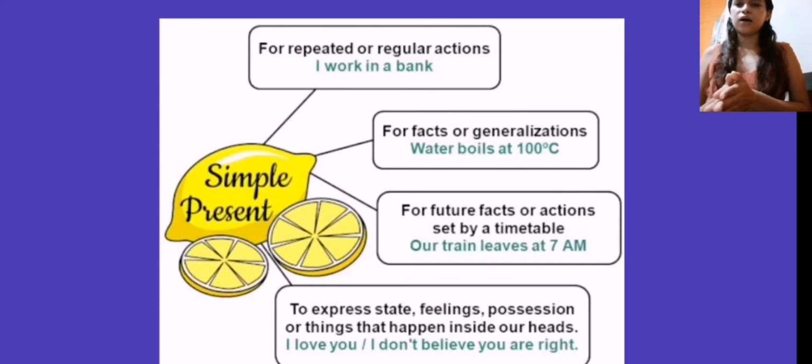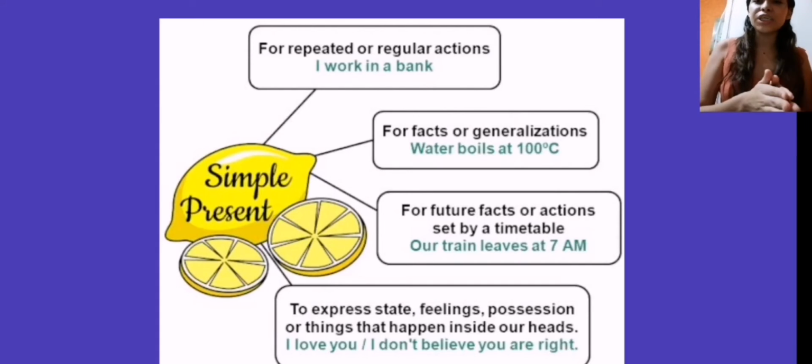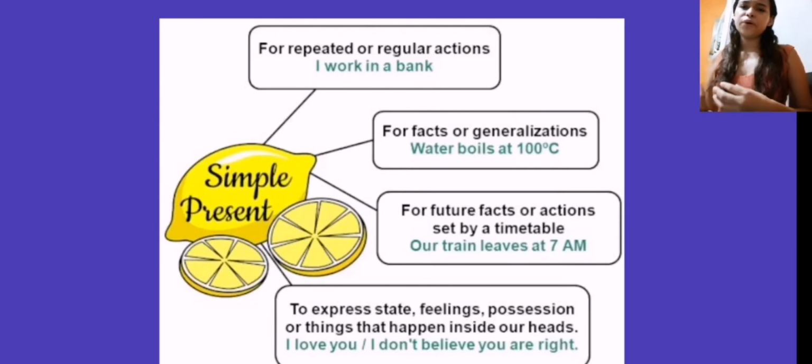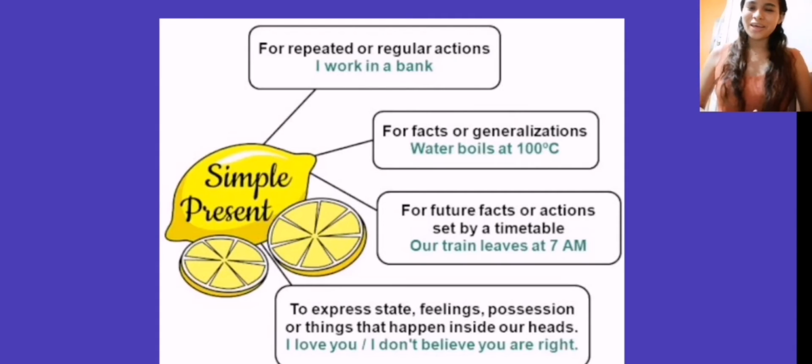We have again simple present for repeated or regular actions, for facts or generalizations, for a future fact or action set by a timetable, to express feelings, possession, or things that happen inside our heads. Okay. I love you. I don't believe you are right. Okay. I have some examples.